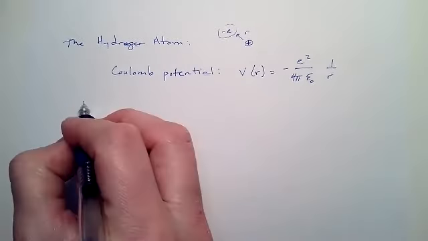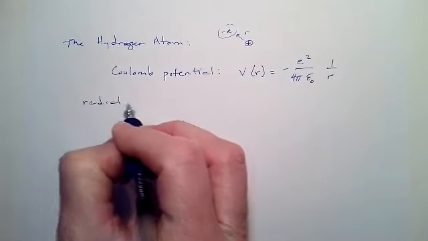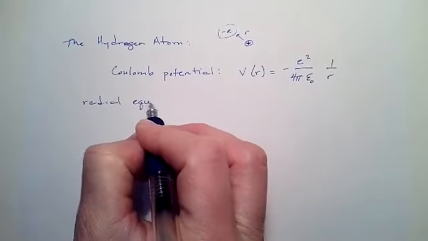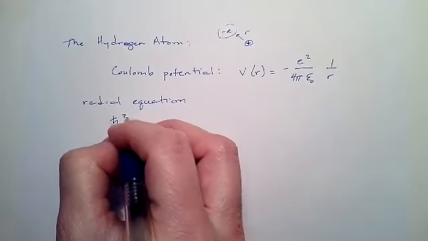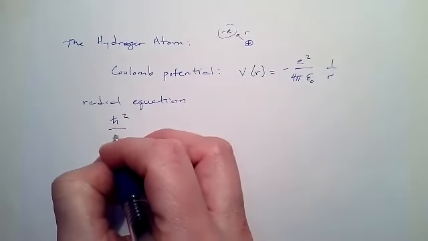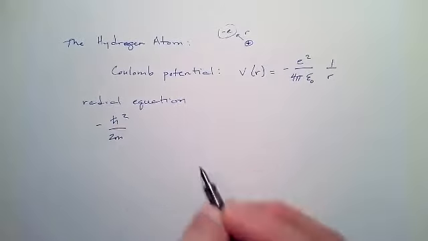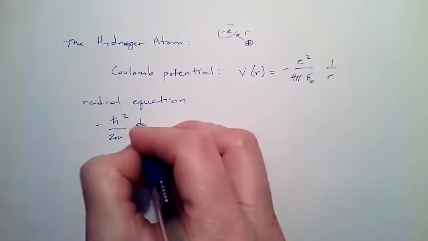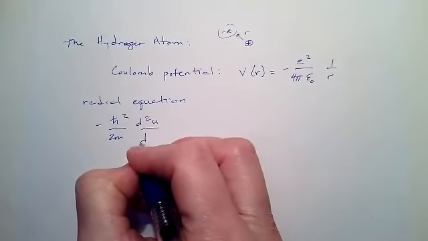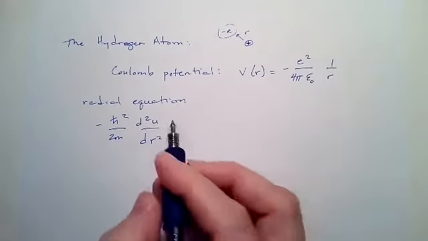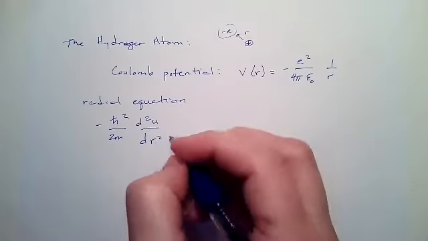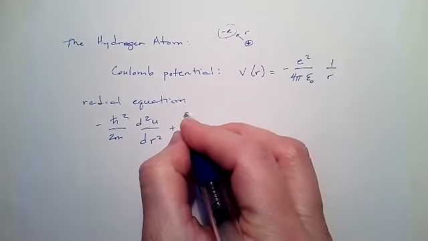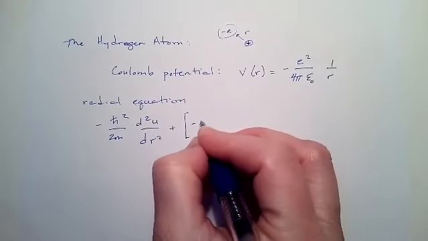So the radial Schrodinger equation that we just did an example on, we're going to write an h bar squared over 2m. Don't forget our negative sign out front there. And we're going to have the second spatial derivative of this u function that, remember, was just r times our radial equation. So our variable r times our radial equation.